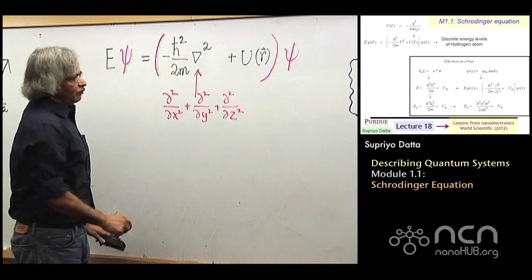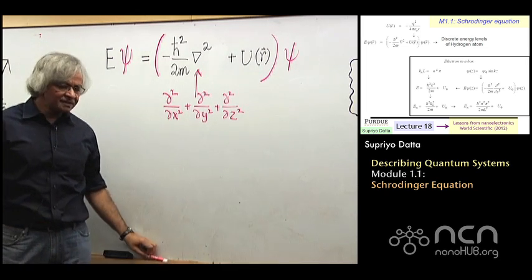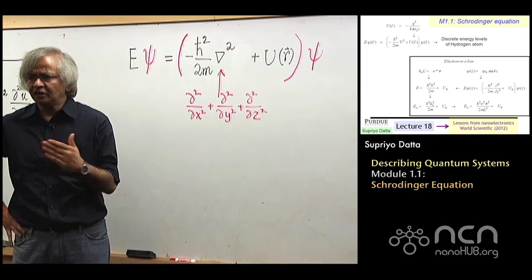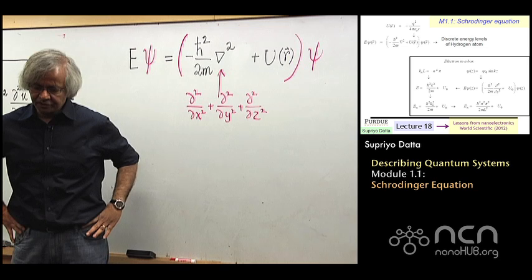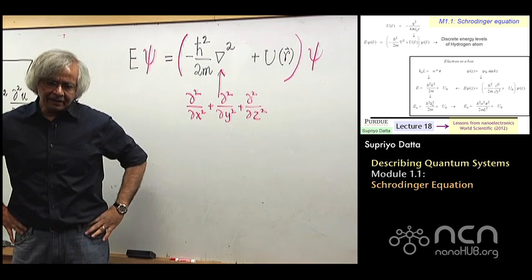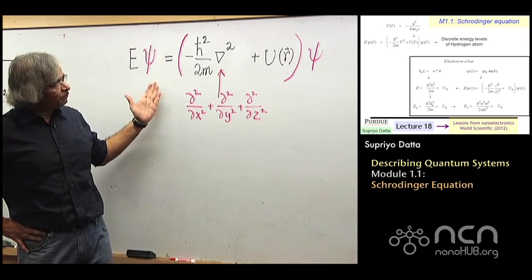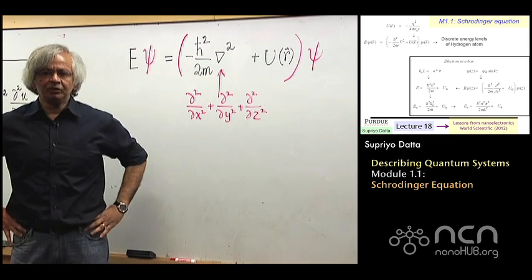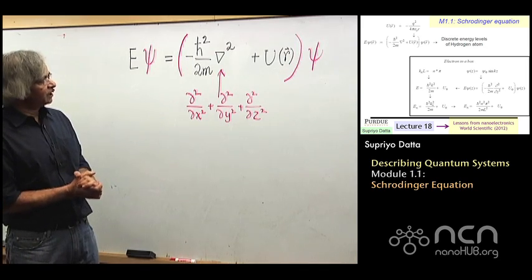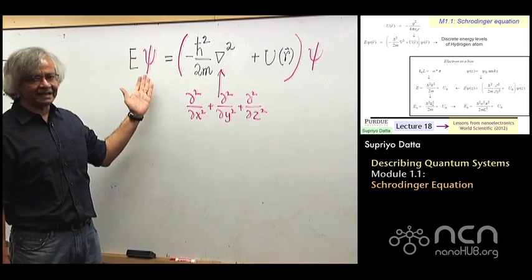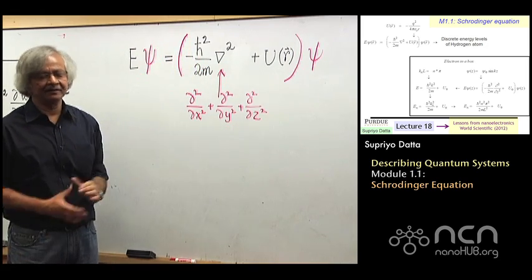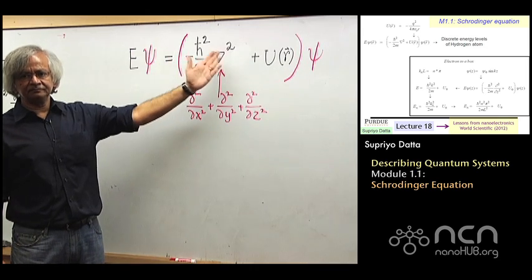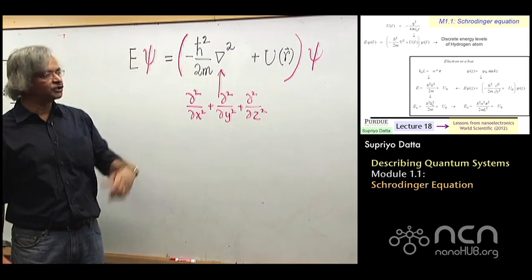Now, if you ask me where it comes from, I'd say that you can't really derive it as such. You'll see a lot of derivations in the literature, but the way I think of it is, when Schrodinger wrote this equation down in, I believe, 1925, what gave people a lot of confidence that it was correct is that he was able to solve it for an electron in a hydrogen atom.